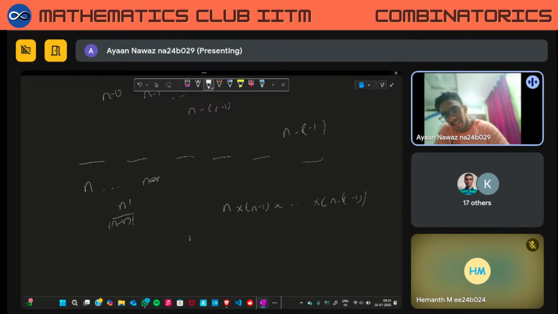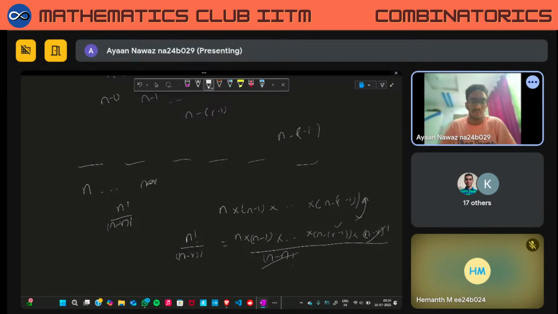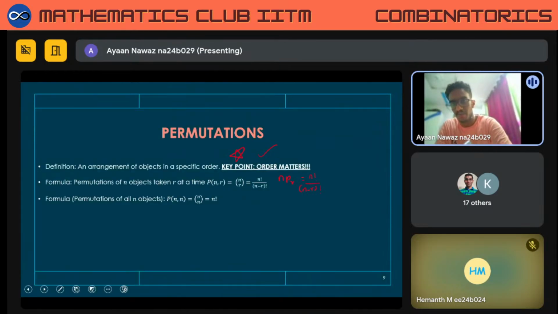And this we can write as n factorial by n minus r factorial, because n factorial can be written as n into n minus 1 into so on into n minus r plus 1, and then again it will go on, right? So that we can just write it as n minus r factorial, right? So n factorial, if you divide by n minus r factorial, we get this, which is the same thing. That is why it is n factorial by n minus r factorial.